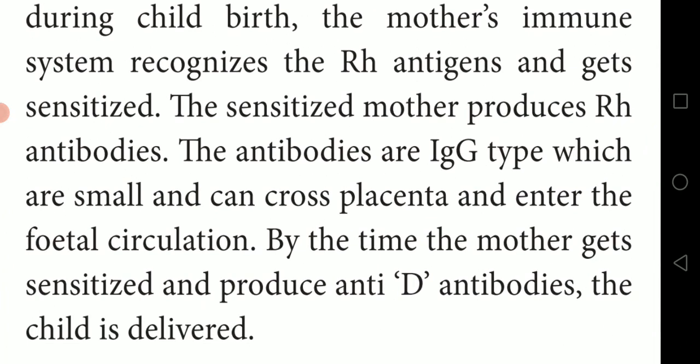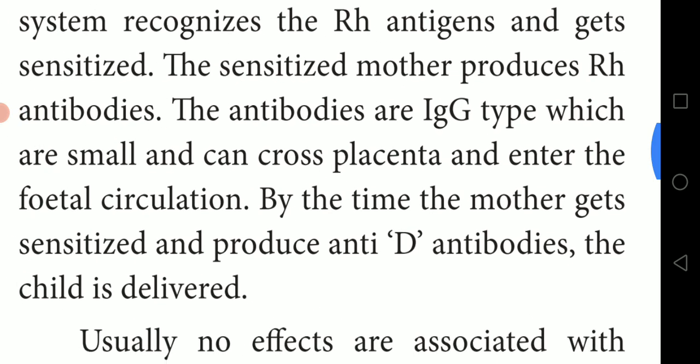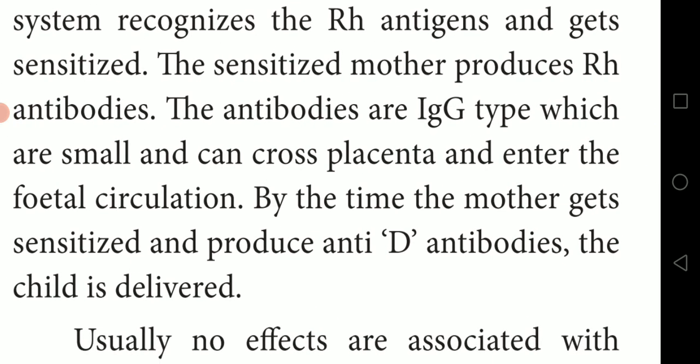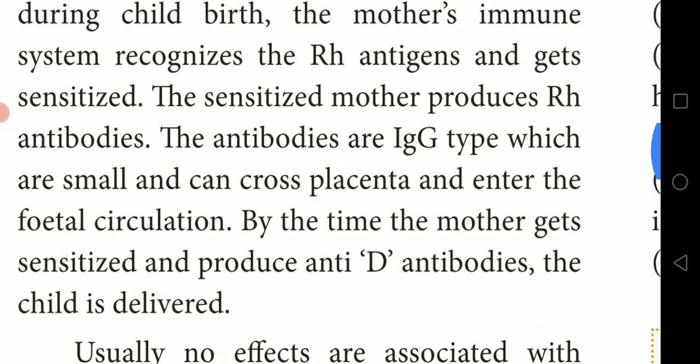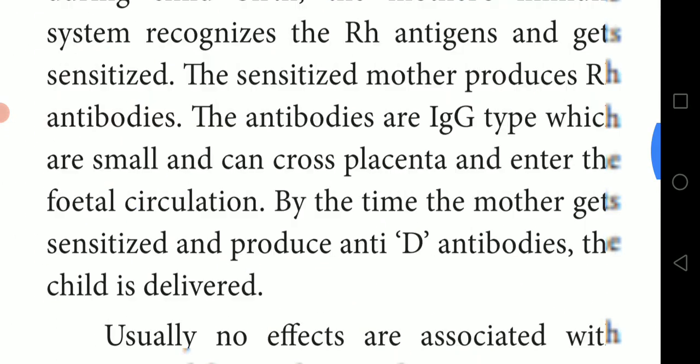During that time, what happens? The Rh negative mothers produce one type of antibody against the child. That antibody is IgG, immunoglobulin gamma type. This IgG will come again in a future chapter.